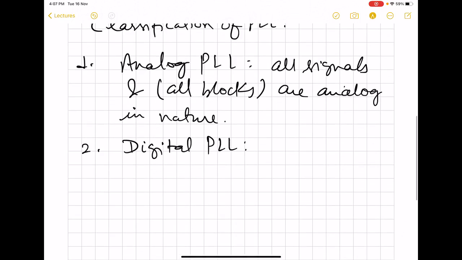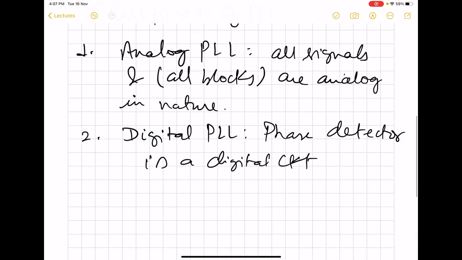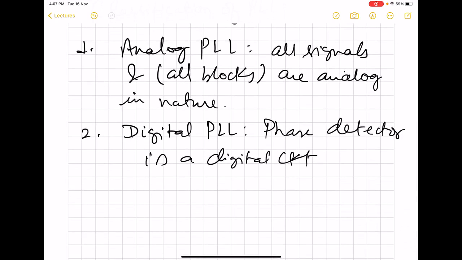So in this case, the phase detector, although the name might convey that all the blocks or all the signals are digital, is actually a digital circuit. We will see why we want to use a digital phase detector.